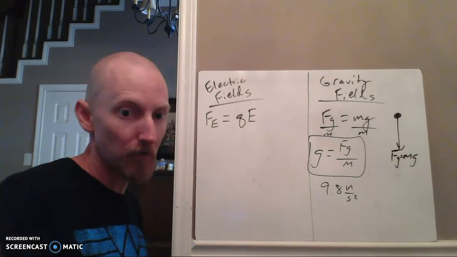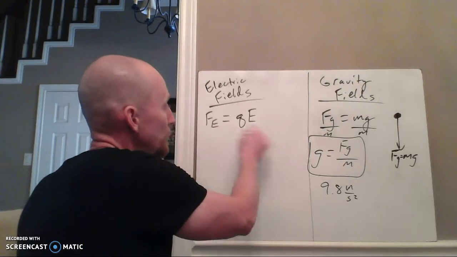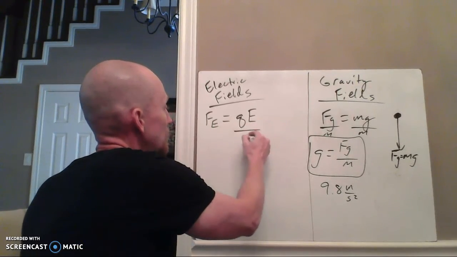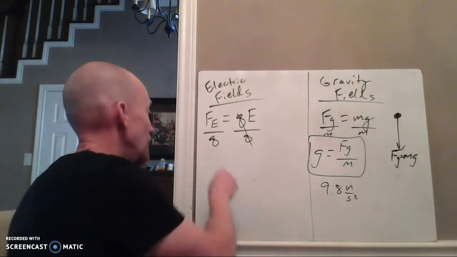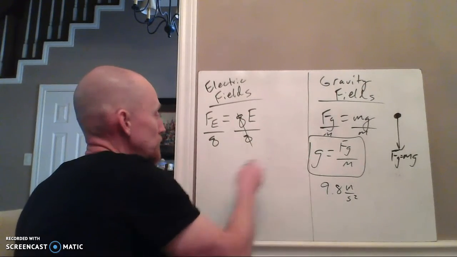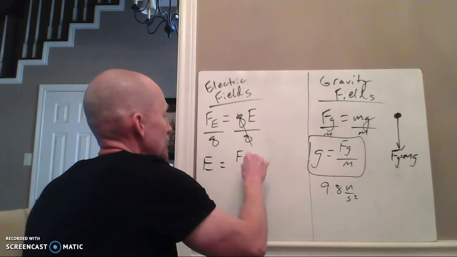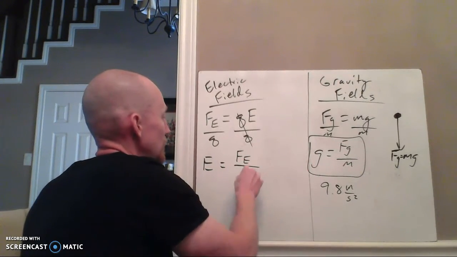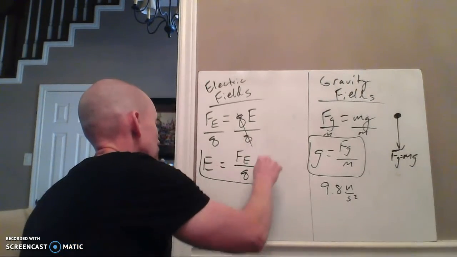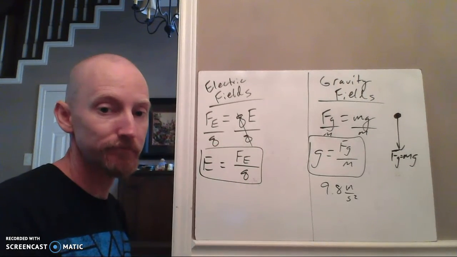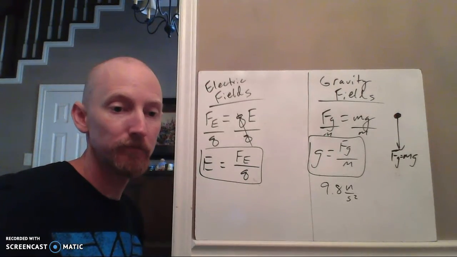In fact, I was just showing you that all those little arrows are just vectors, same deal. If I divide both sides by q, our charge, we get a very similar equation, but instead of g, it's E. Instead of Fg, it's Fe. And instead of m, it's q. And that is our electric field strength. So that's how you find electric field strength. There you go.